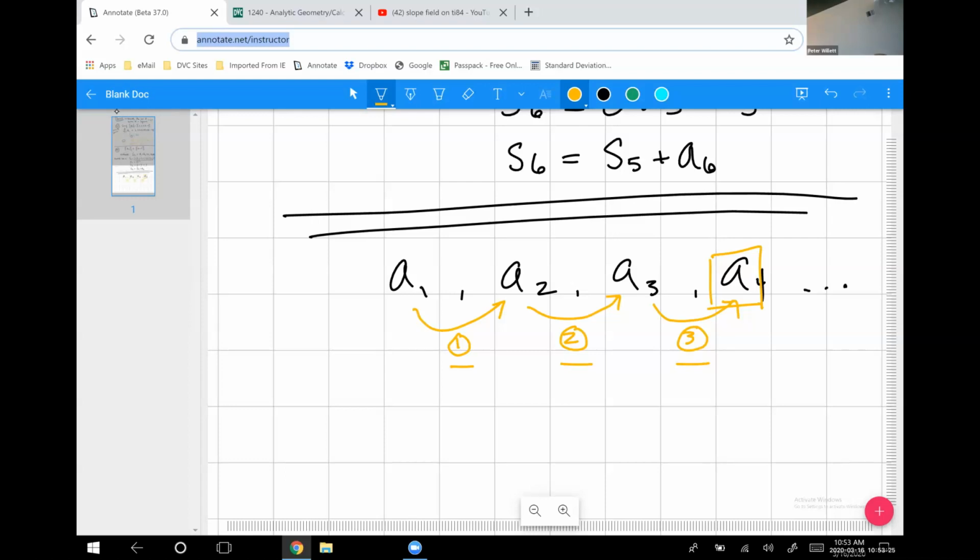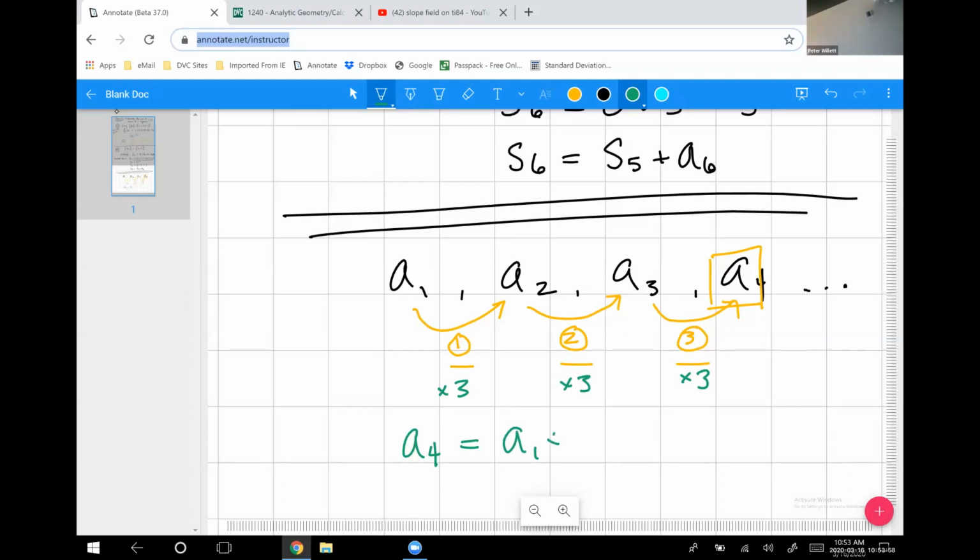So if you're adding 7, then you would add 7 3 times, which is the same as adding 3 times 7. Got it. If you were multiplying, as another example, well, let's say you're multiplying by 3. That would mean that a sub 4 would be equal to a sub 1, and then you multiplied by 3 times.